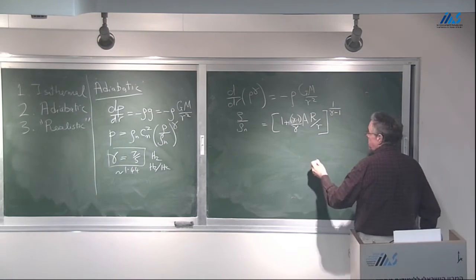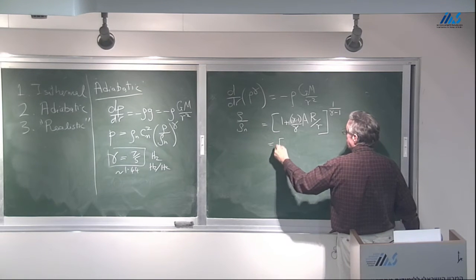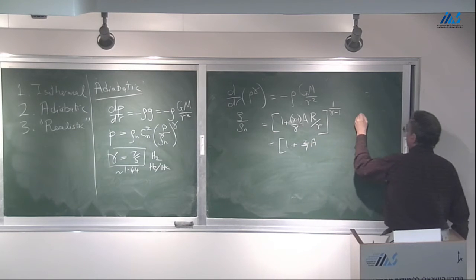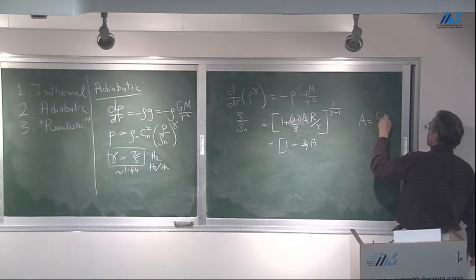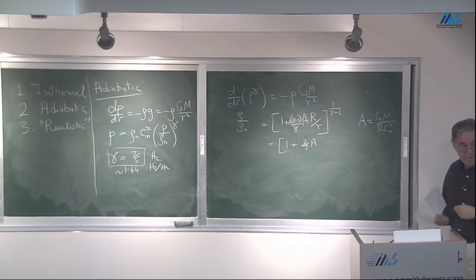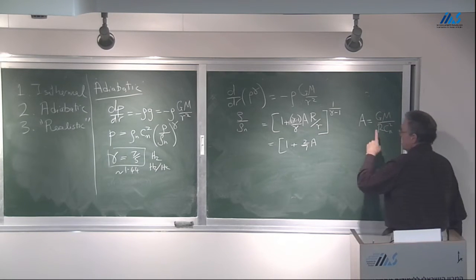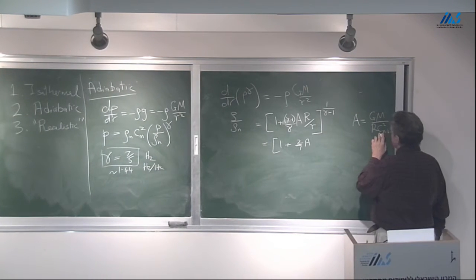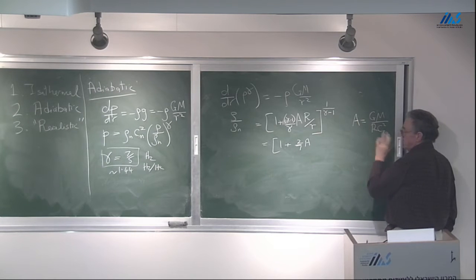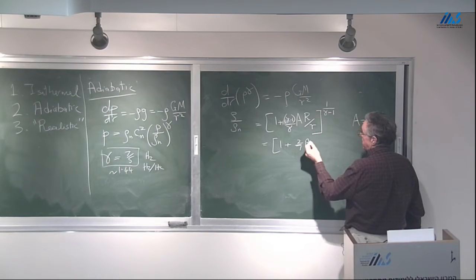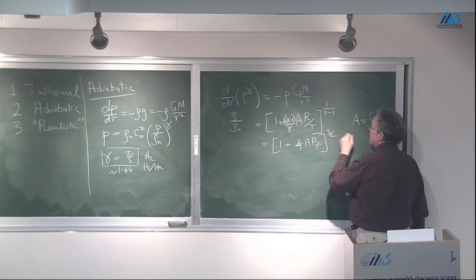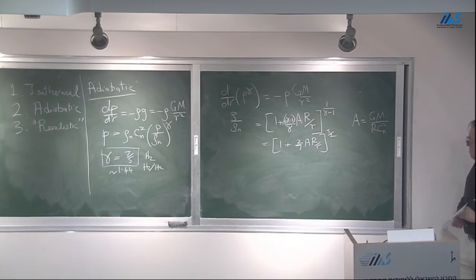So in the particular case of molecular hydrogen, that becomes 1 plus 2/7 A. And A here is, like we did before, GM upon R c nebula squared. So it's the same A as before. But of course, in some sense, A is changing in the sense that the sound speed is changing, but I'm scaling it to the value in the nebula. Gamma minus 1 is 2/5, so the reciprocal of that is 5/2.